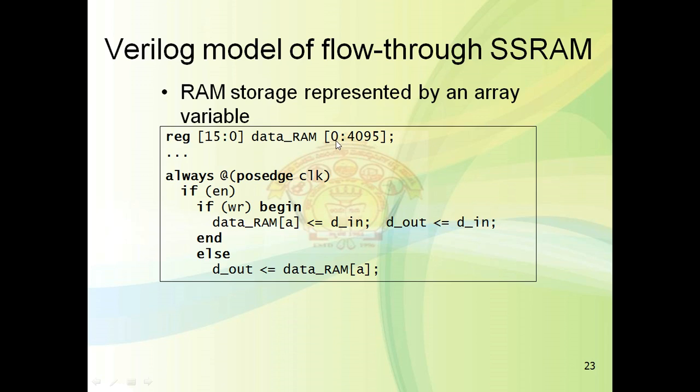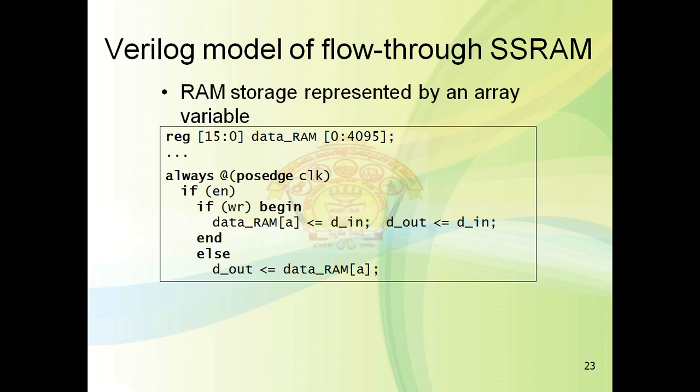Next we have to represent the inputs and outputs. That is the initial block you have to define, and then we go for the always block, to represent the read write operation. In the read write operation, you know what a flow through SRAM is.